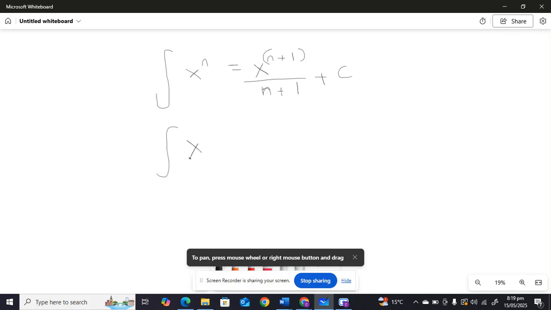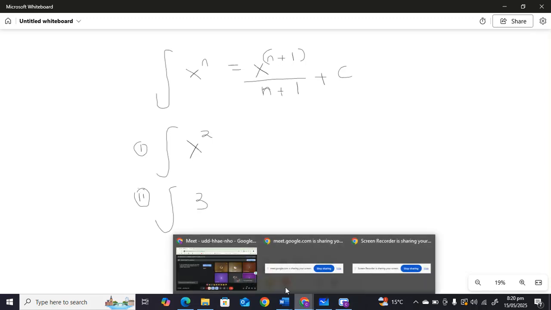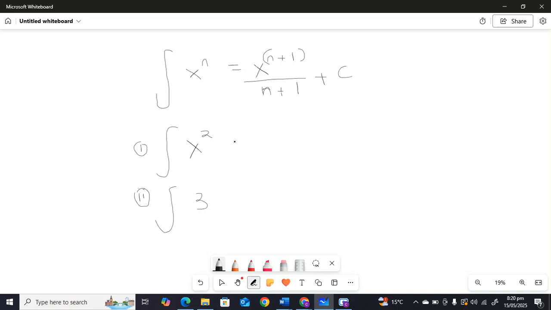Can someone integrate this for me? Has anyone got the answer?